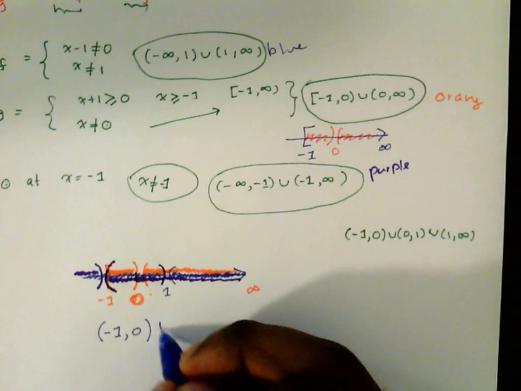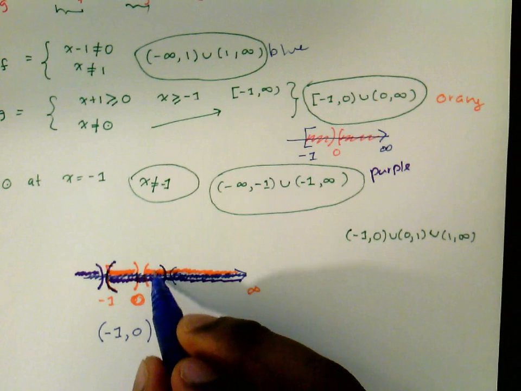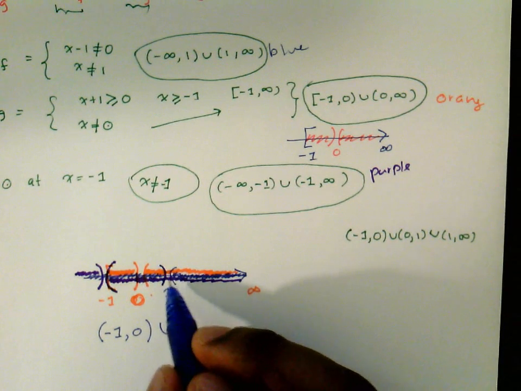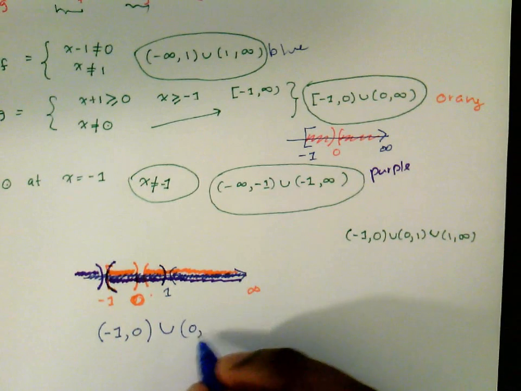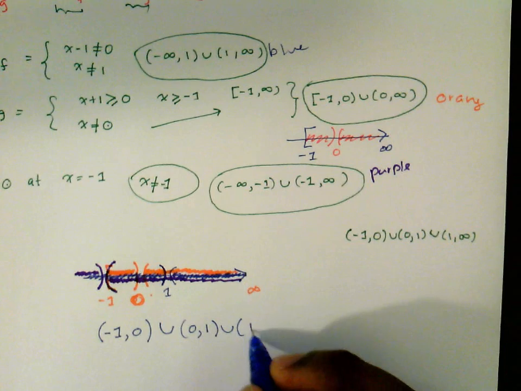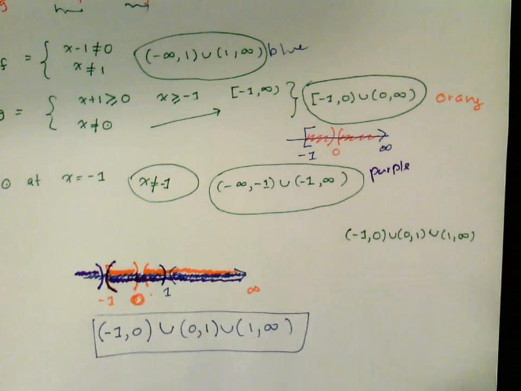And then you would go from 0 until you can see all the colors until here you don't have any blue, so 0 to 1, and then again you can see all three colors until you hit infinity. Well, you don't hit infinity, but that's how you denote that.